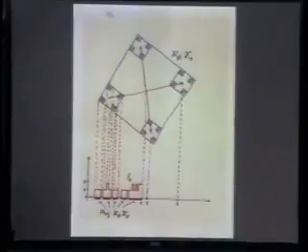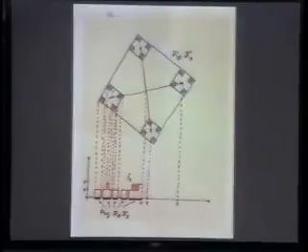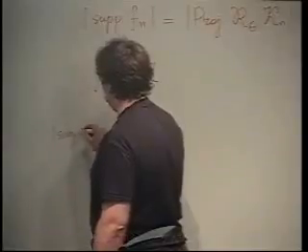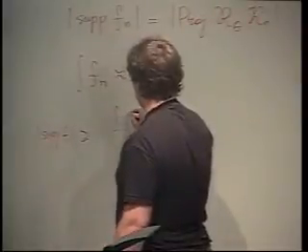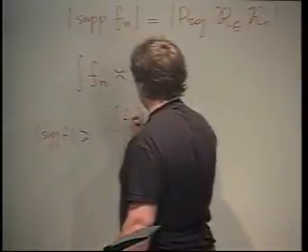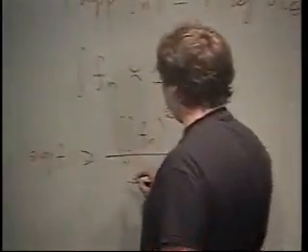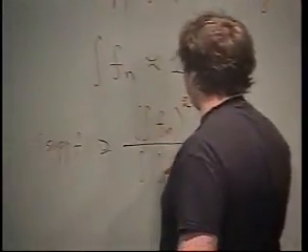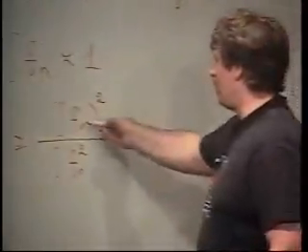So let me say a few words about how you prove the lower bound. Well, you can say that the support is at least as large as the integral of fn squared divided by the integral of fn squared. That is about 1, and it remains to estimate that.